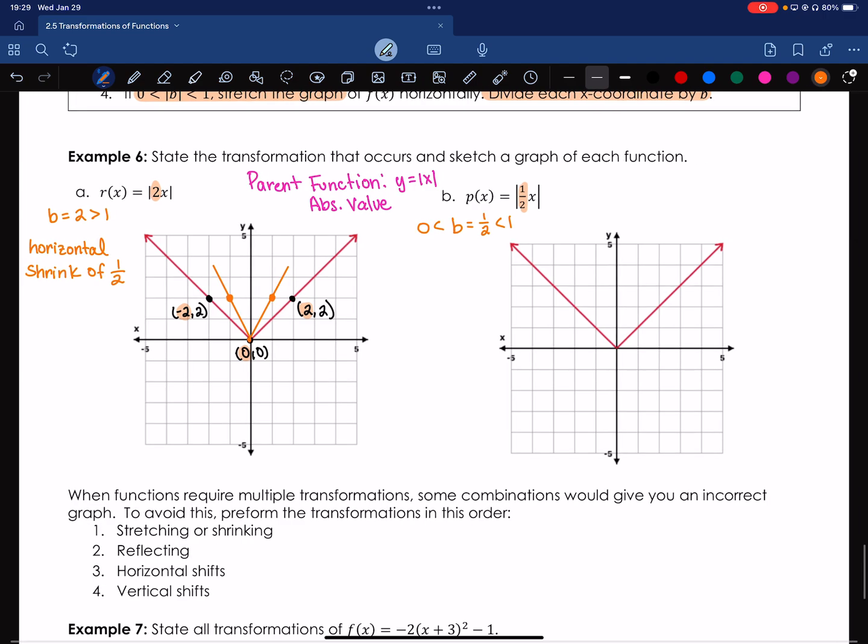So this tells me that this is a horizontal stretch of, if I'm dividing by 1/2, that means that we end up multiplying by 2. Dividing by 1/2 is really multiplying by 2. Just like dividing by 2 is multiplying by 1/2. It's the opposite. Okay? So if you think about it that way, you can really multiply by 2.